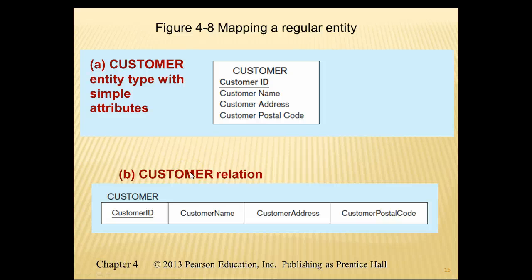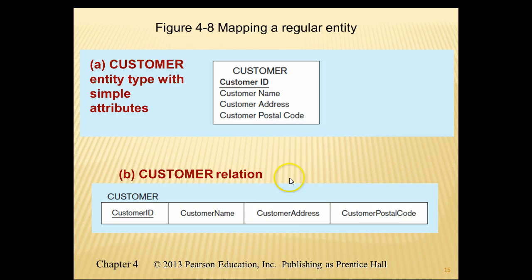So we're at a point now that we are converting our regular entities into relations. So notice on page 164, figure 4-8, they're converting the customer entity into a customer relation.